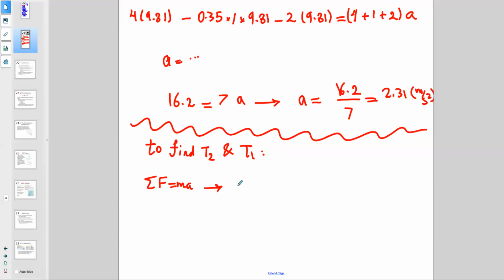So I have M4G minus T2 equals M4A, right? So M4 is 4 kilograms, G is 9.81, T2 is not given, we're looking for it. M4 is 4, and A is 2.31. Okay, so let's go ahead and calculate this to see what we can get.